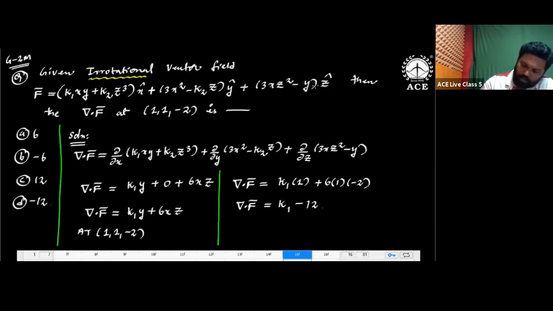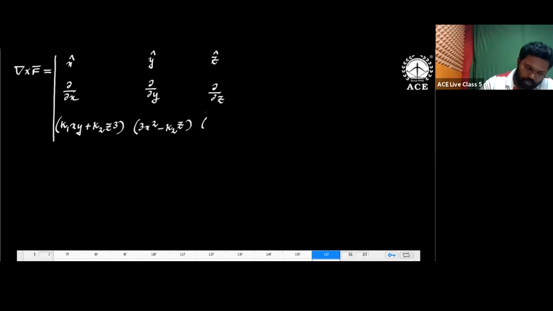Let me go back. Here is the z component: 3xz² minus y. It is said that it is equal to 0, meaning it is a null vector. This can be written as 0 x cap plus 0 y cap plus 0 z cap.